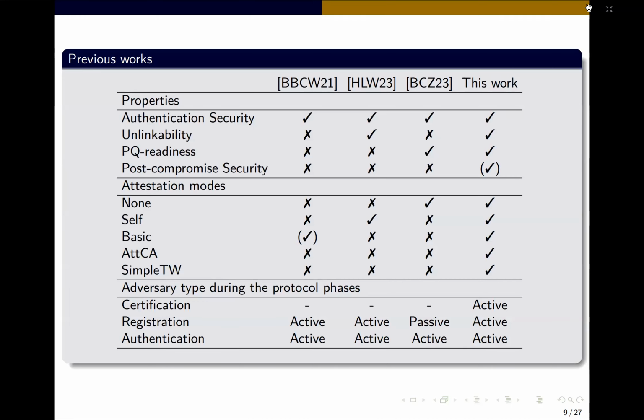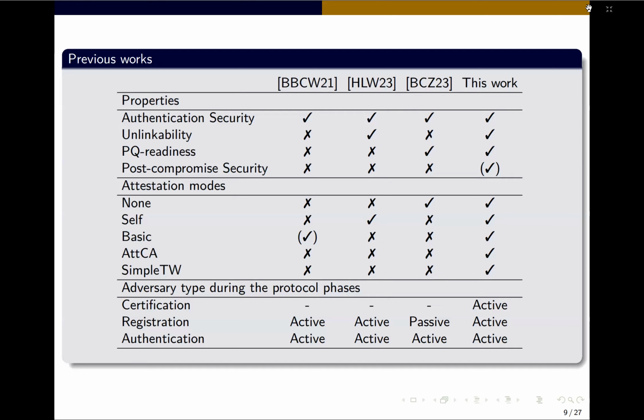The reason for doing this analysis of the different attestation modes is that, in previous works, if you look at the middle of the table, they analyze security or privacy, or both properties, but just for one attestation mode, and always a different one, which made it difficult to compare which mode is better. So we thought it would be nice to have a way to compare them.